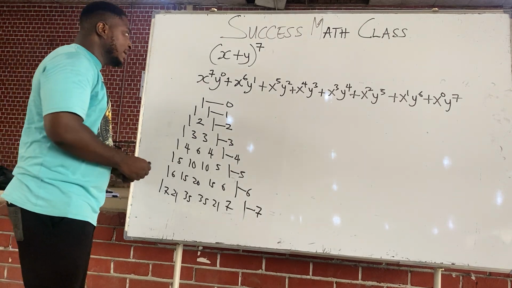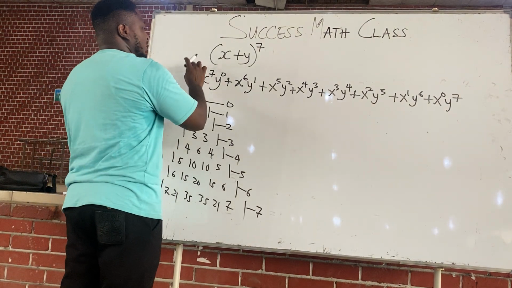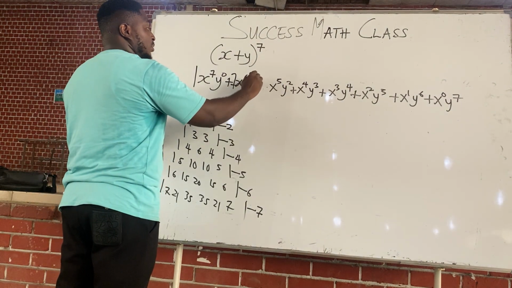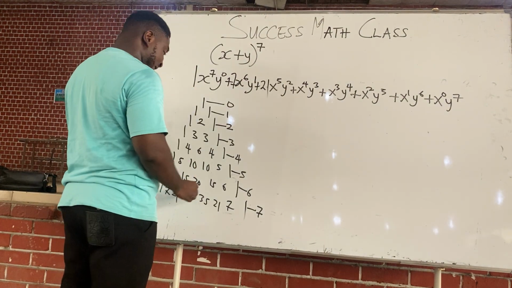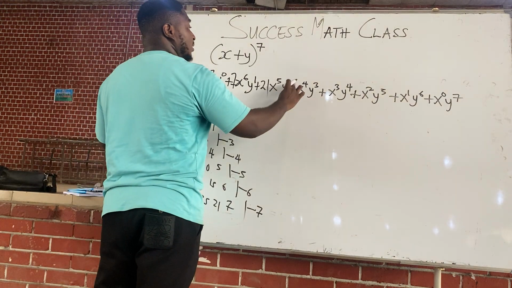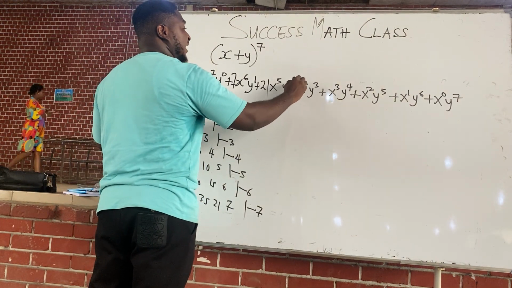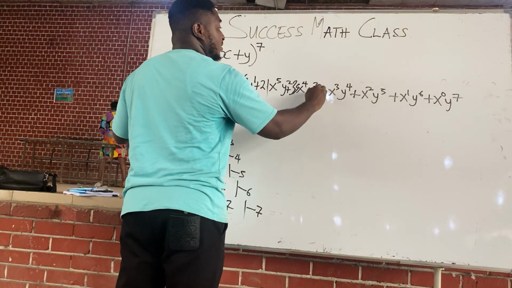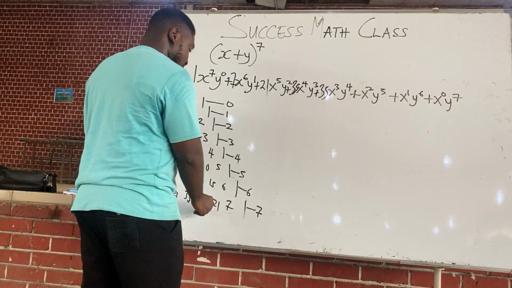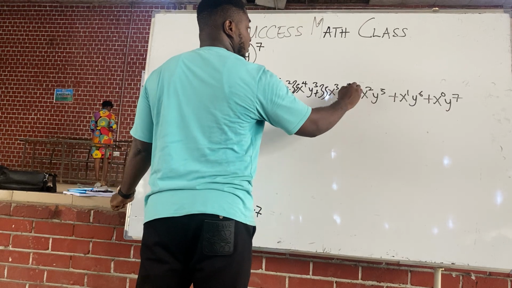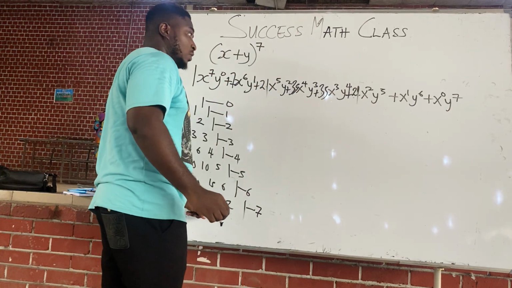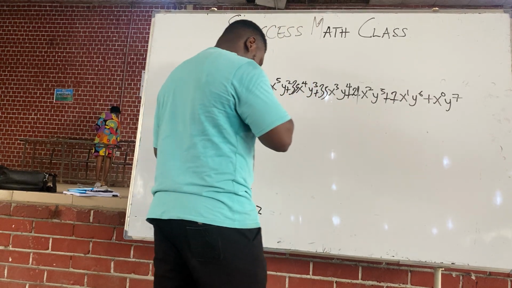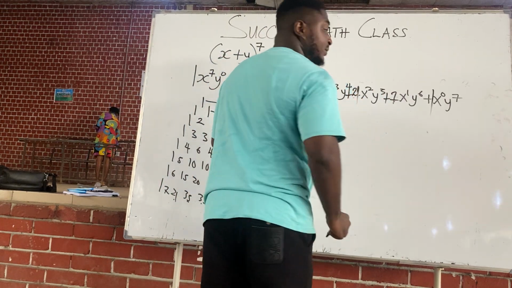So we're going to say 1, 7, 21, 35, 35 again, 21, 7, 1.